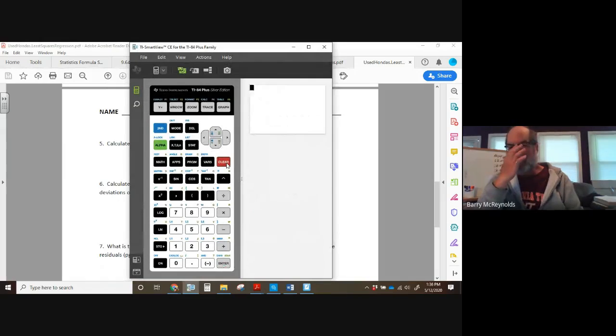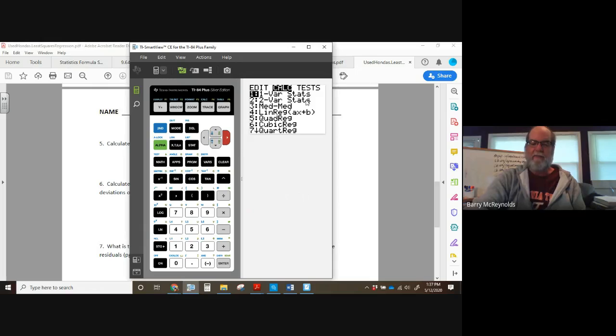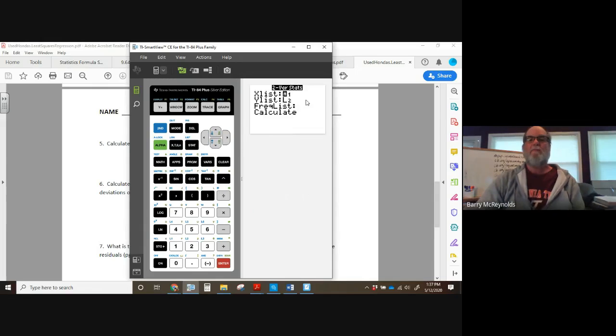And yesterday we talked about entering the miles driven and the price in one list and then the other. And then to calculate the means and standard deviations, all we have to do is go to calculate. And then in this case, we'll do 2 variable stats because we want to calculate X and Y at the same time.